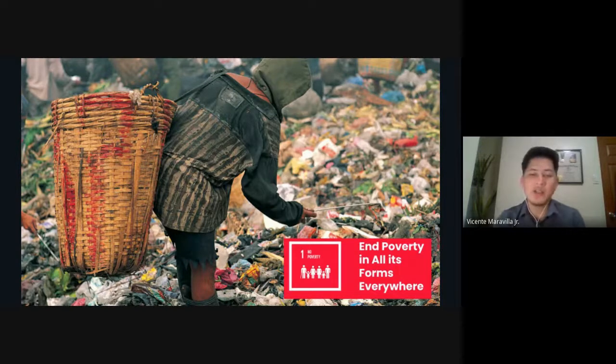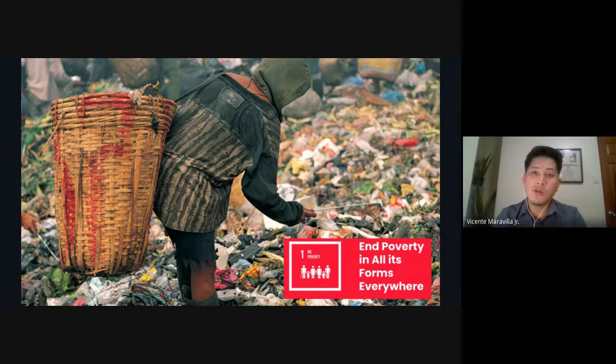A destination could help a struggling or problematic community by employing these people and engaging them in addressing the tourist needs, while including these communities in the planning and development of the destination.